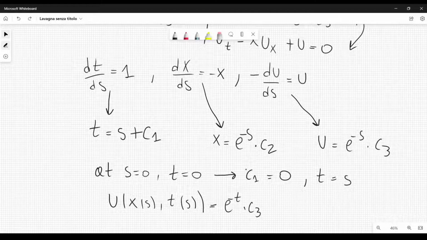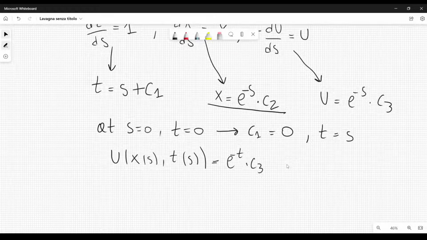But now we have to try to find out more about this c3 and about this equation up here, x equal to e to the minus s times c2. So let's find out. In particular, let's set s equal to 0. If we set s equal to 0, we get u of x of 0, t of 0, but remember that when s is equal to 0, we choose t equal to 0.